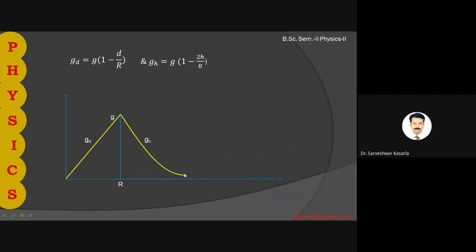So this is how g varies with the distance from the center of the earth. The remaining portion we will see in the next lecture.